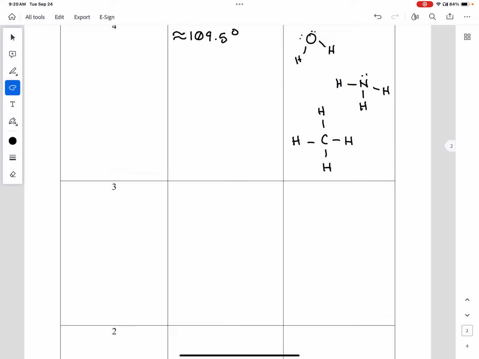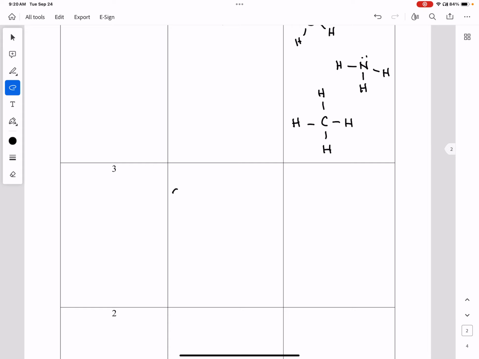So if I have 3 charge clouds, my approximate bond angle is going to be 120 degrees. Just like we saw on the previous page, this guy has 3 charge clouds, so its bond angle is 120 degrees.